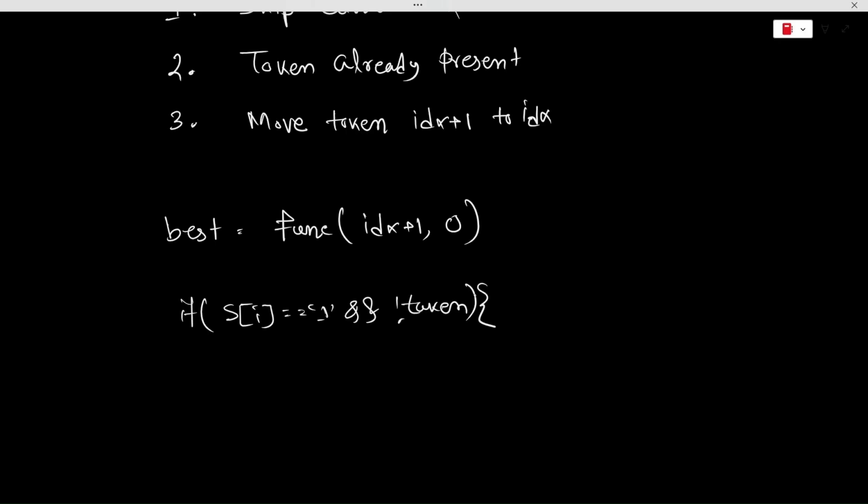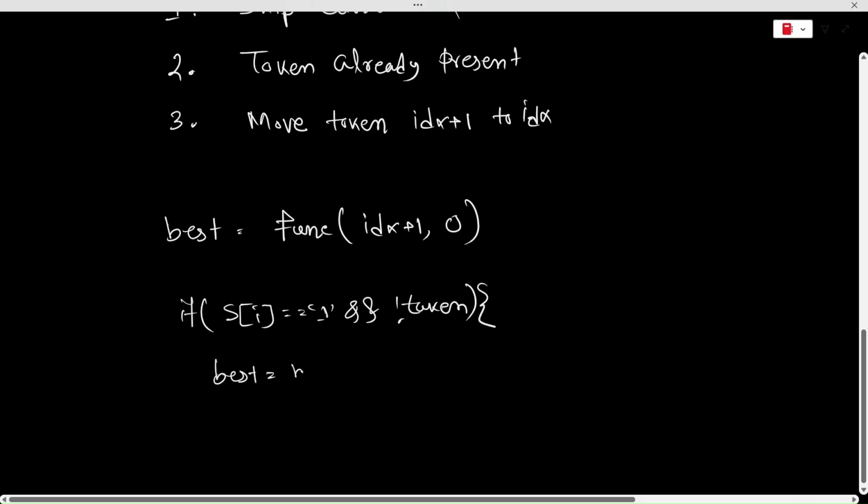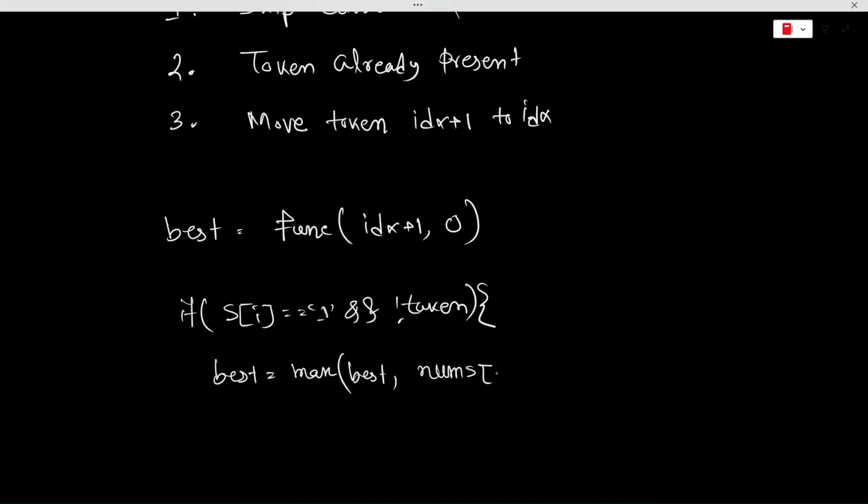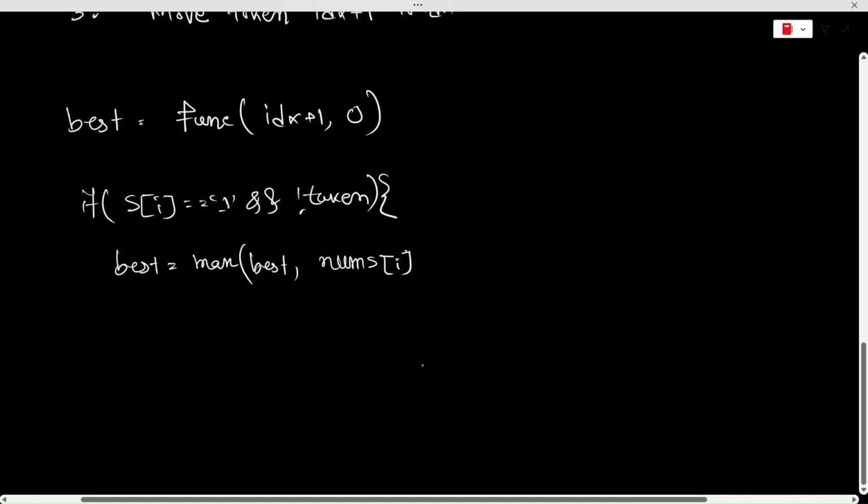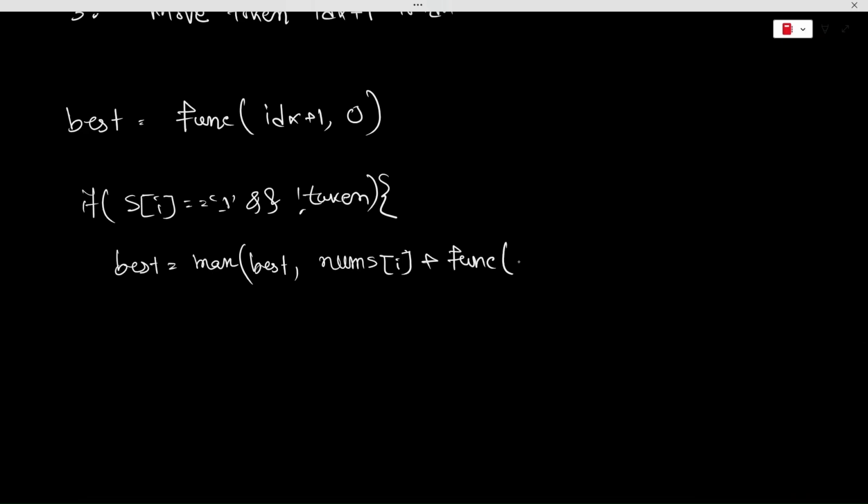Then we can take it to do our best as the maximum of best comma nums of I, plus our function I plus 1 and our taken would be 0, right? This is done. So this is for choice 1, this is for choice 2.